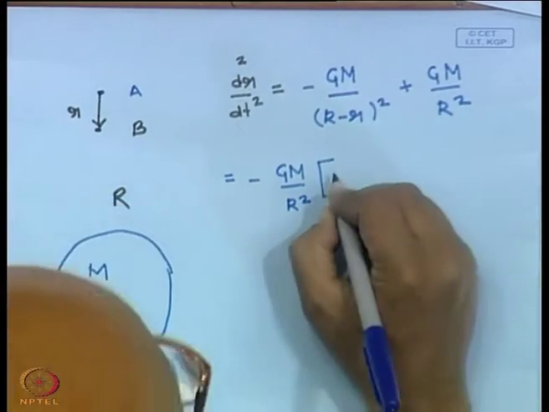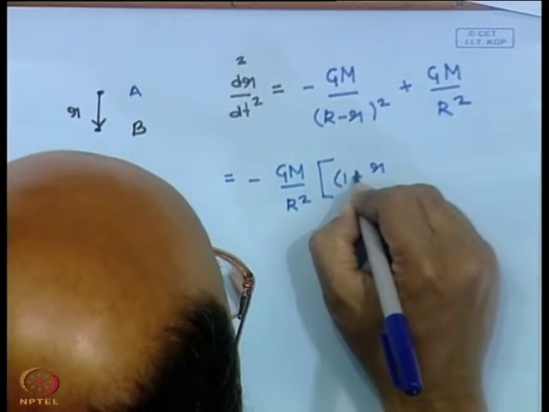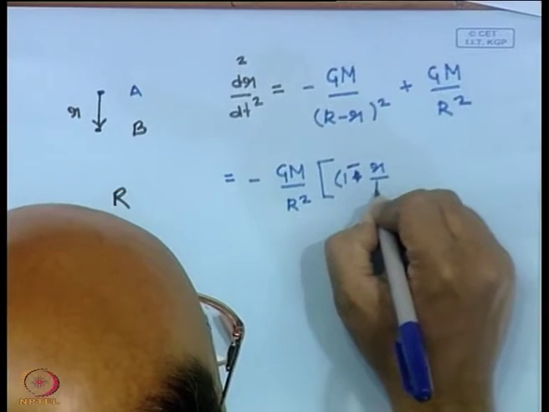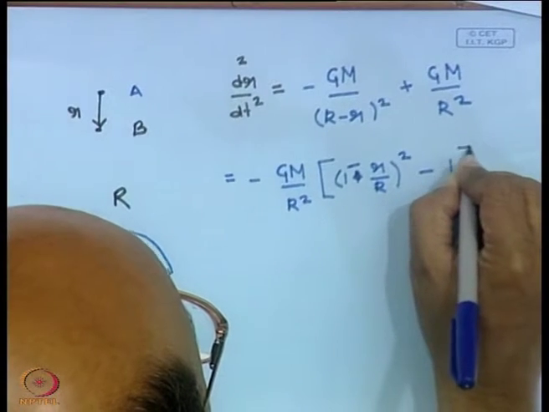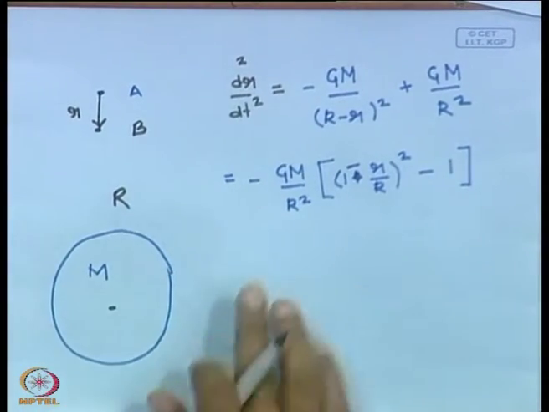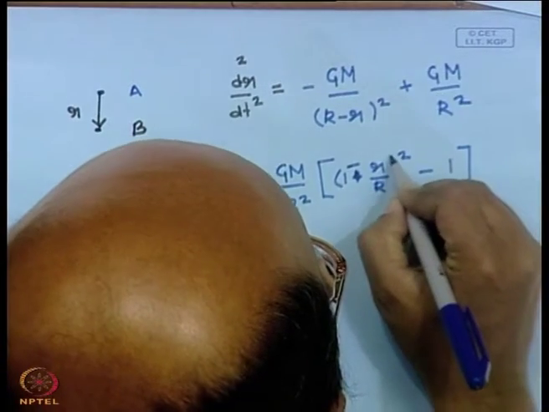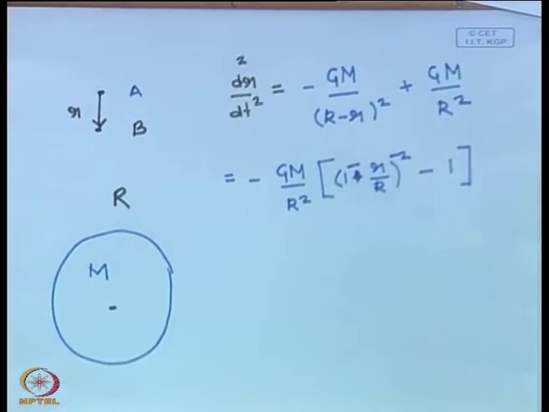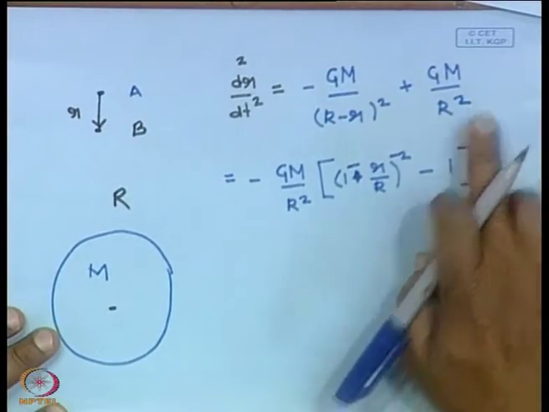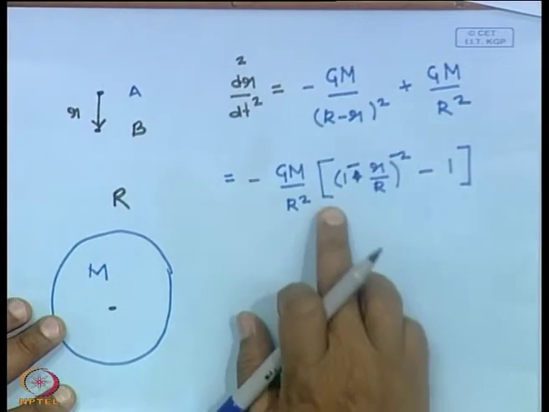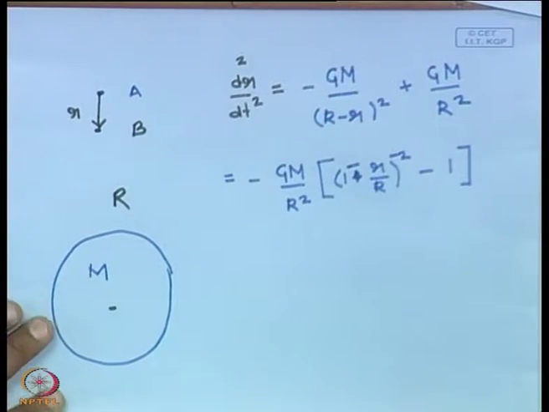Then I have 1 plus r, 1 minus r by R whole square, minus 1, right. I can write it like this. The first term will be minus 2 here. The first term is nothing but this, the second term is this. So, I have written the denominator over here as 1 plus small r by capital R to the power minus 2.